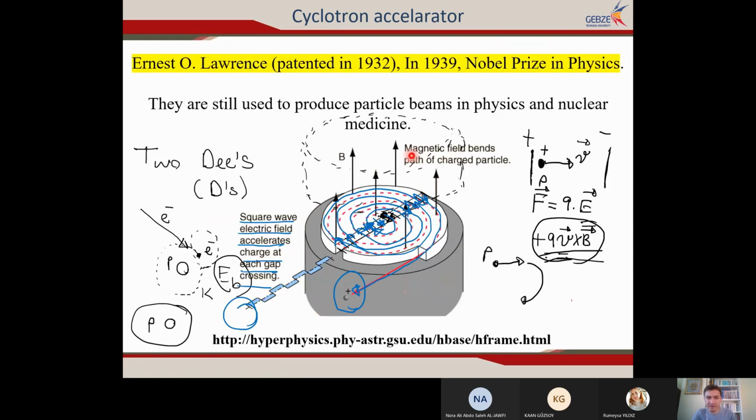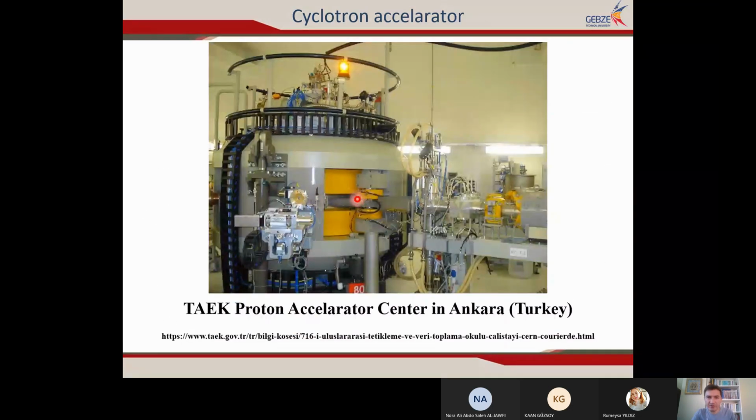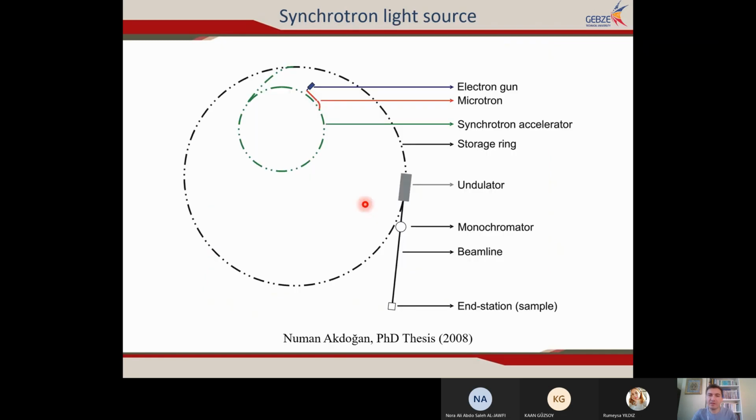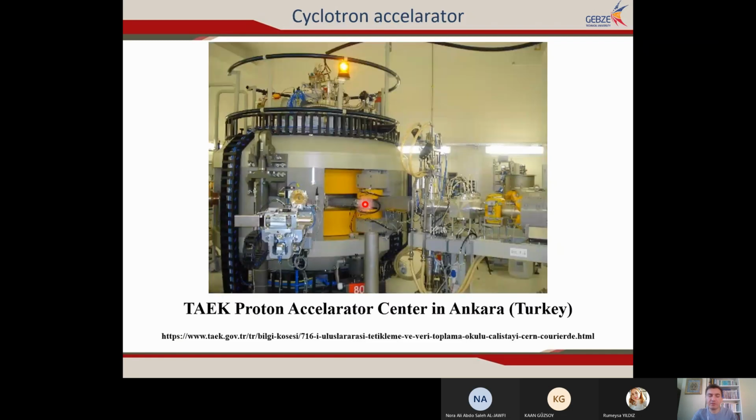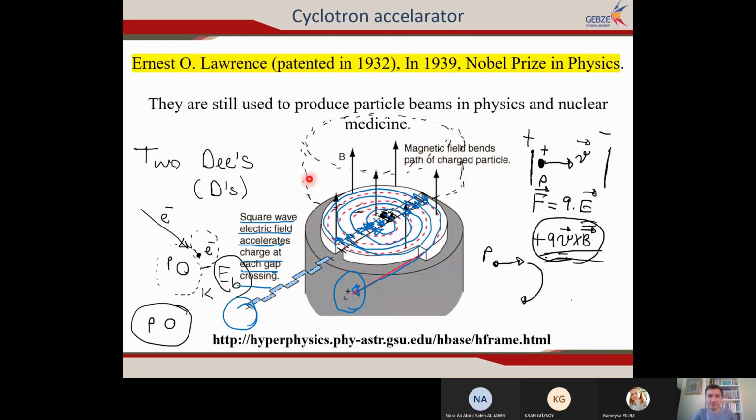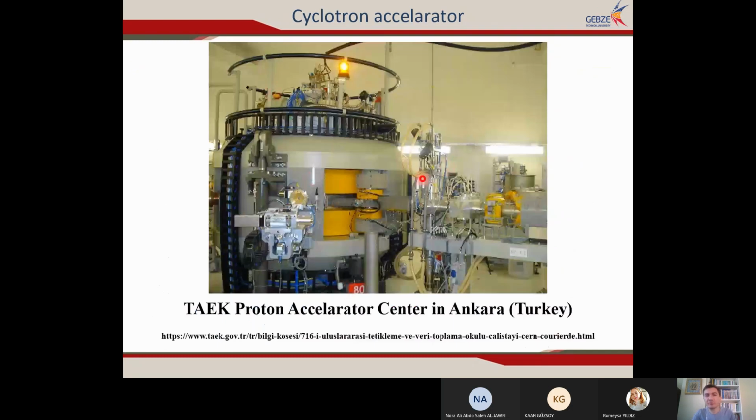And here in the center, we have very nice vacuum conditions, and you produce a proton source, and then you can use it for medical purposes, for nuclear experiments, okay? So whatever you want. This is mainly used for medical purposes in order to produce radioisotopes. Do you have any questions here?